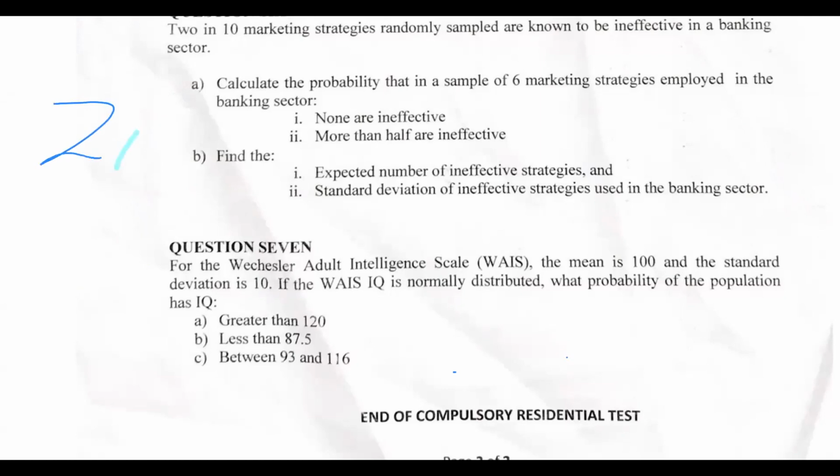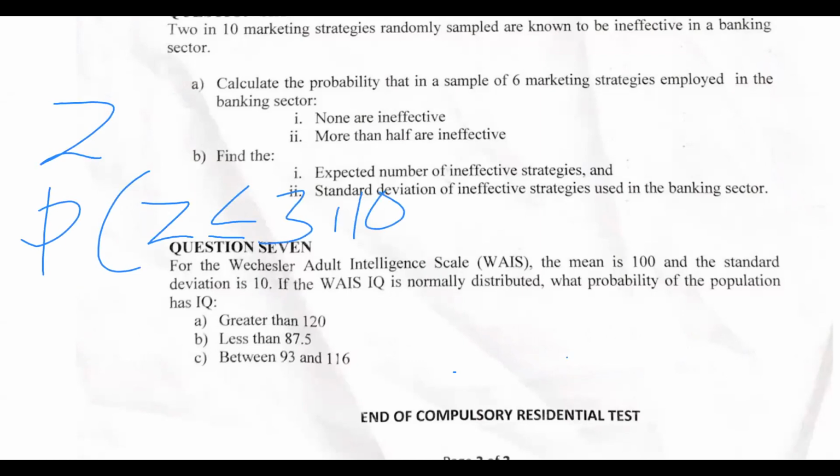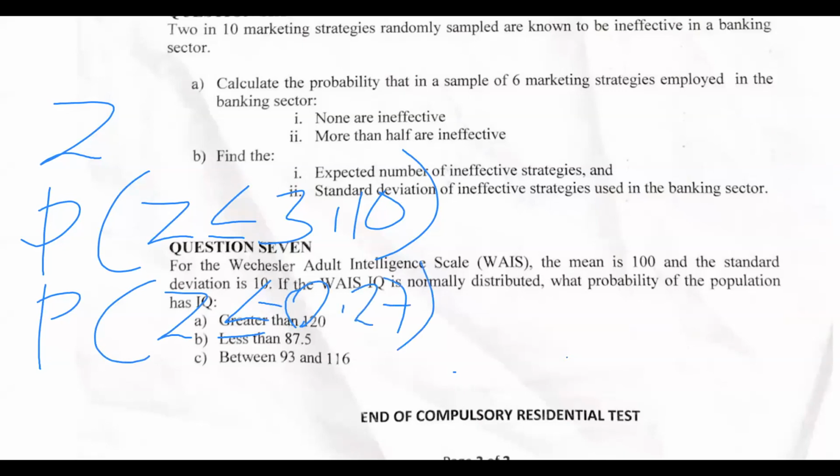You'd be given a value where you find the probability where z is less than or equal to 3.10. The other one was the probability where z was less than or equal to negative 0.27. So this kind of questioning is where the z value is already calculated.